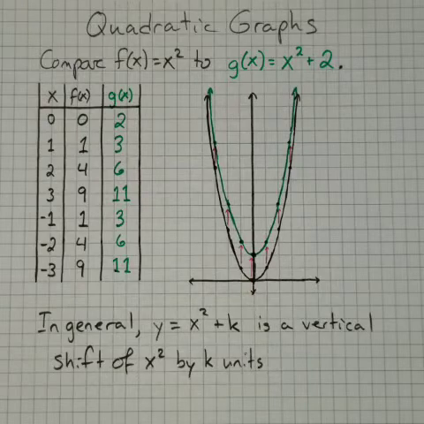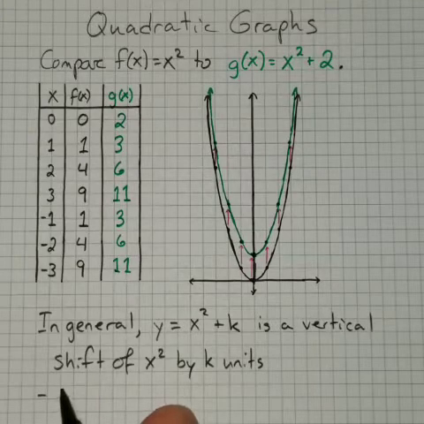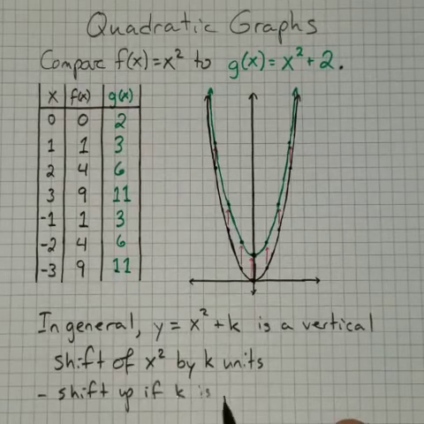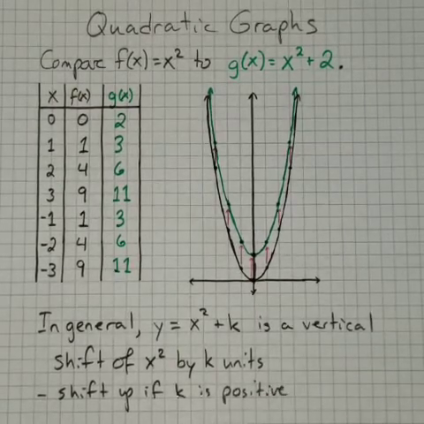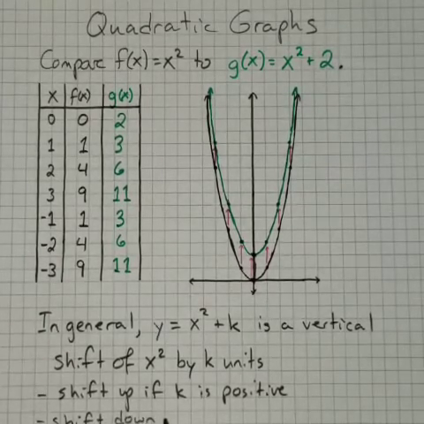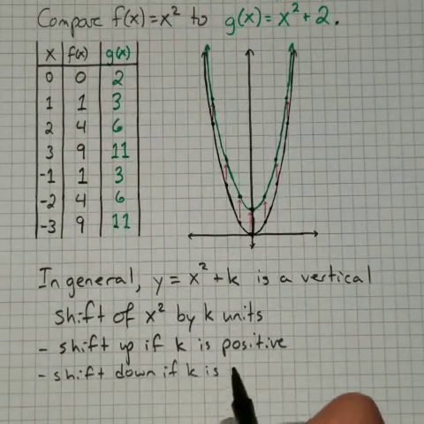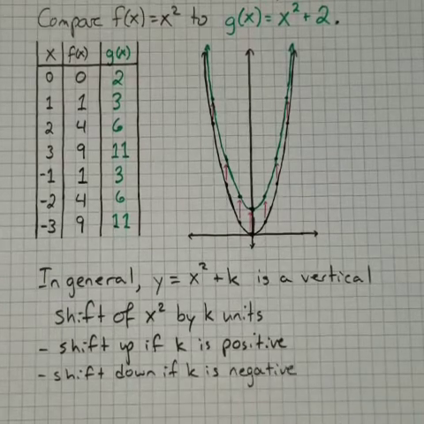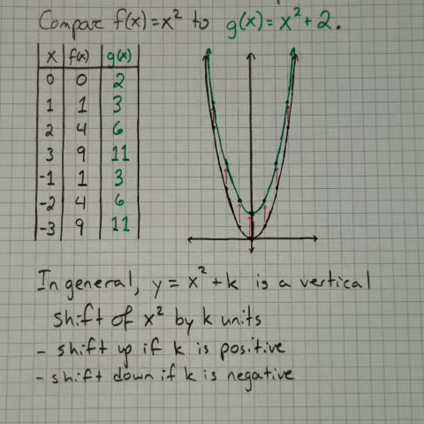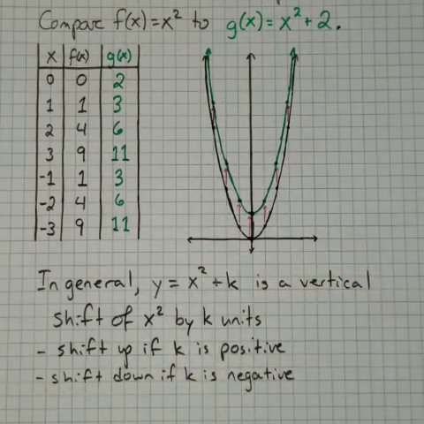Okay, and it's going to shift up if k is positive, and it's going to shift down if k is negative. Okay, so that's a general principle: you get this vertical shift whenever you add a number or subtract a number to the x squared.